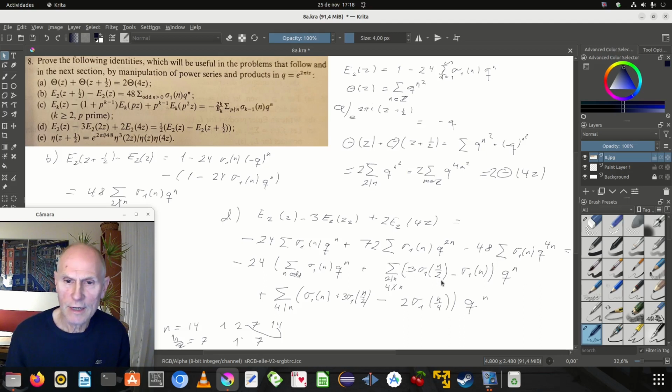Now this cancels. All right. Now this becomes a little more intricate, and I'll try to make a formal proof as well. So we have the divisors of numbers divided by 4.